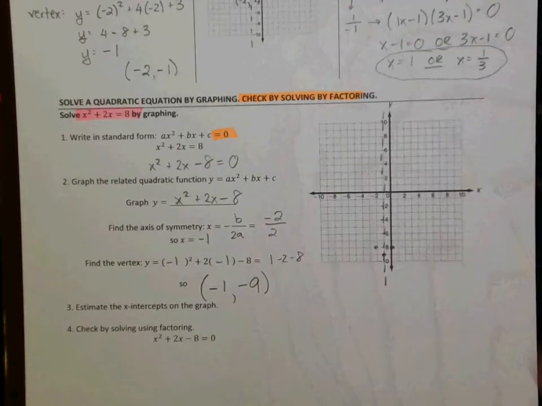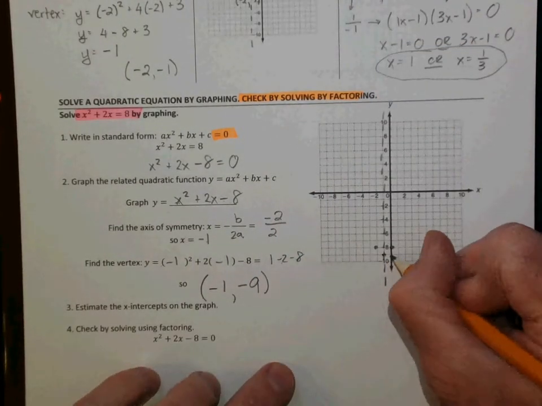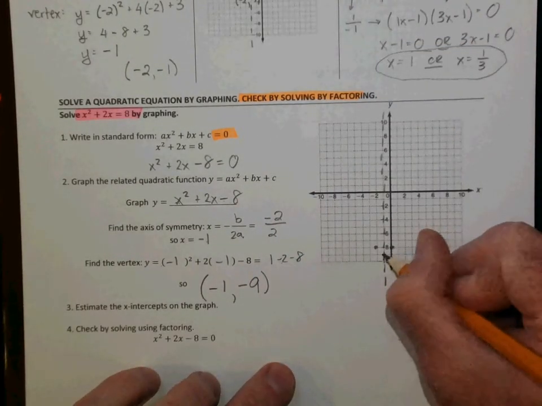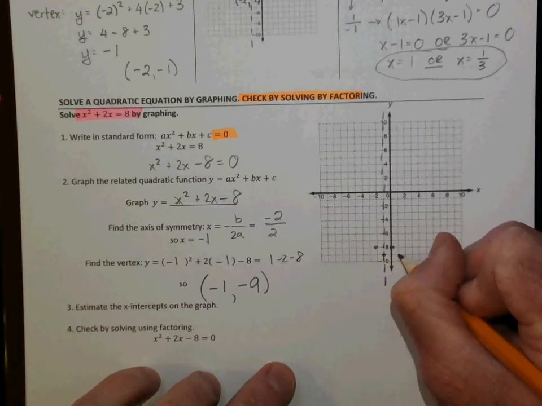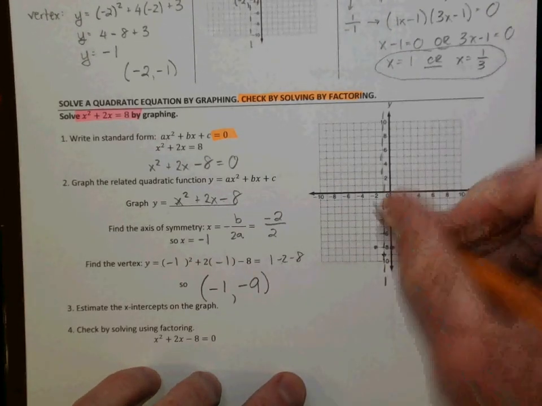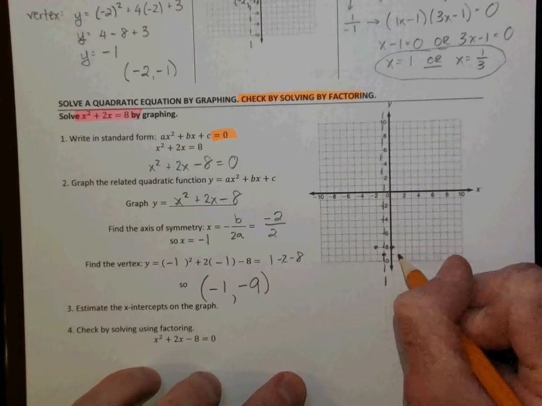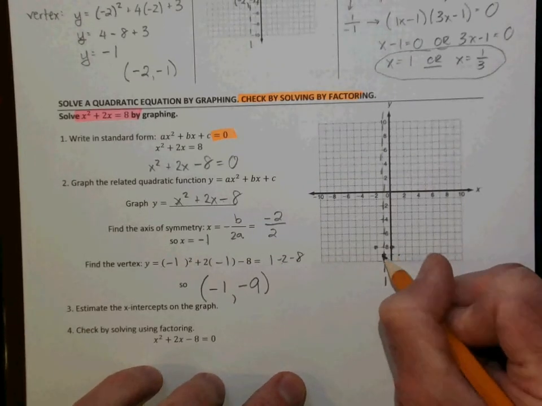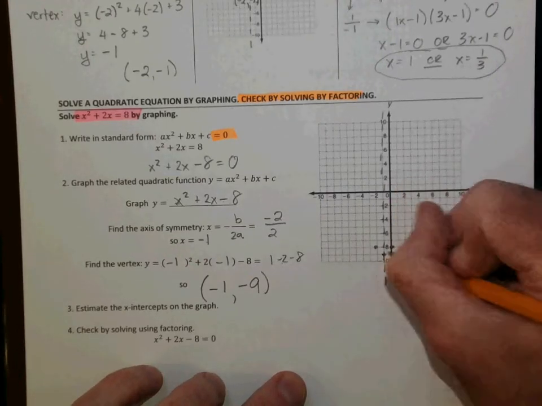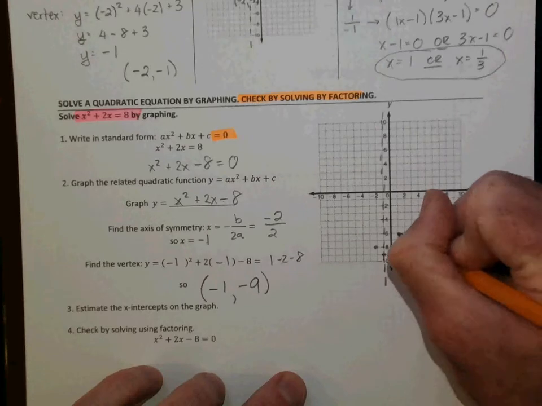So if I want to keep doing this, I can go over 1, up 1. Over 2, up 4. So it's over 1, up 1 squared. Over 2, up 2 squared. Now it's over 2 from the vertex. Over 2, up 1, 2, 3, 4.